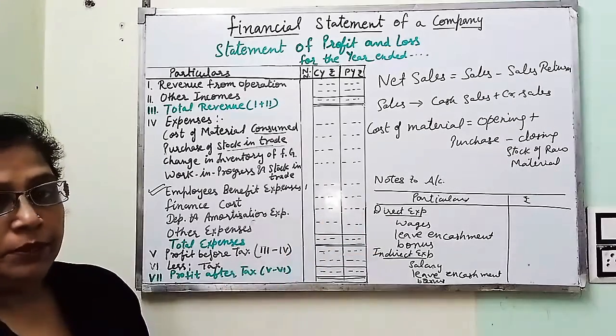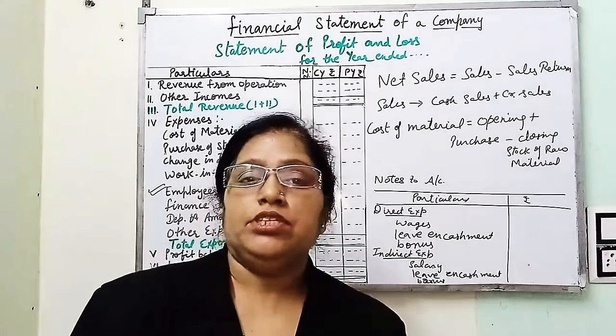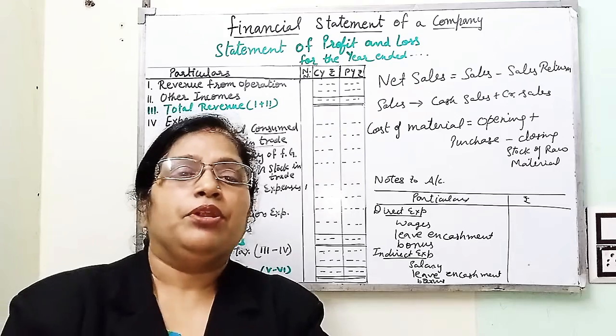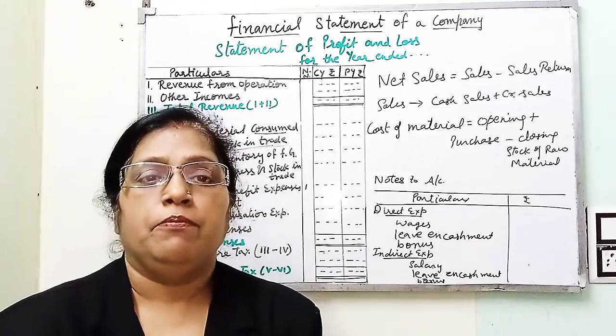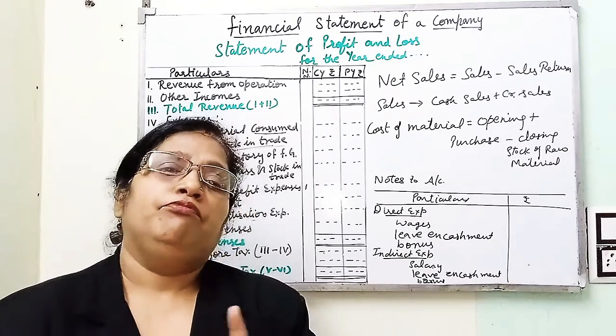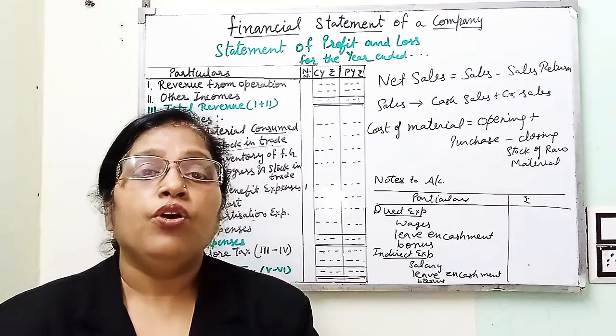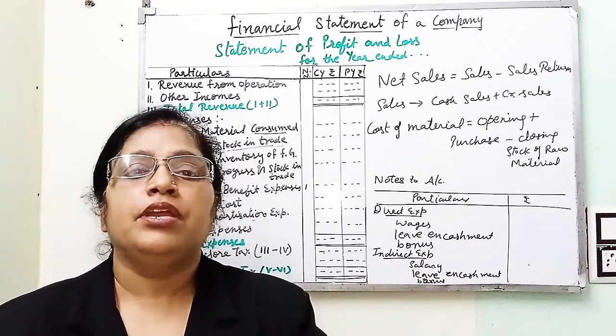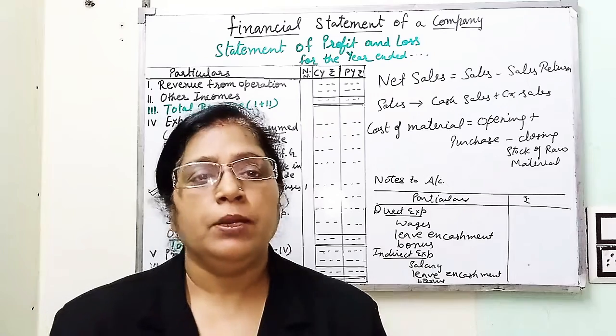First is leave encashment. Every company or every business organization gives some particular leave to the employee. For example, once in a month or twice, 2 leave in 3 months, depends upon the policy of the company.